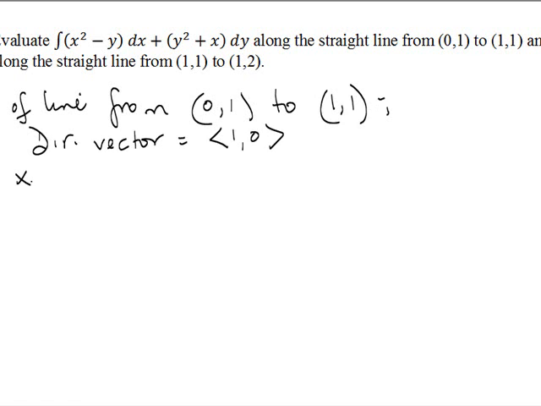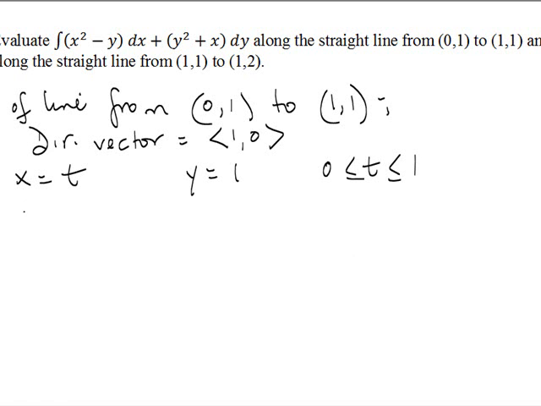And so what are the parametric equations? x equals, let's choose the first point, x equals t and y equals just 1. And what are your values for t? 0 to 1, usually. No thought necessary here.